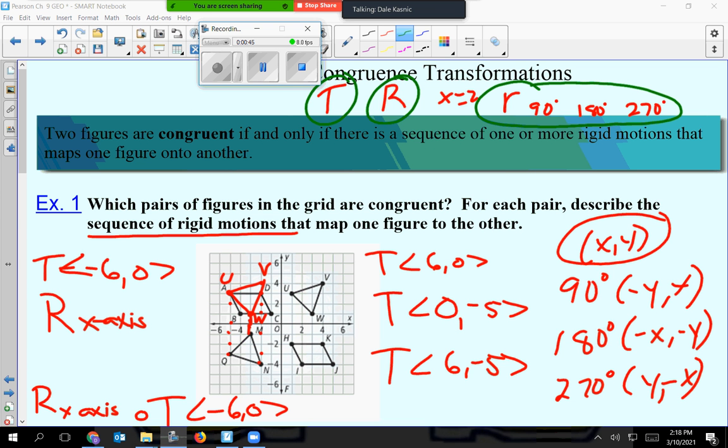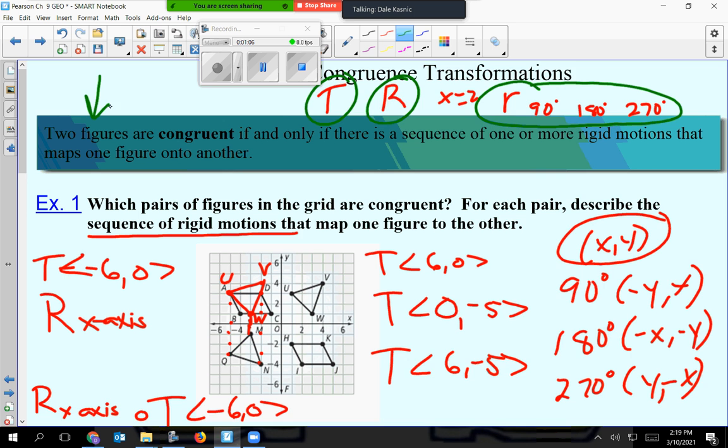Okay. So we need to be able to use a combination of these things to move stuff around on a graph. This little definition here is just saying, if you want to keep two figures congruent, then you can do a couple different things to move it around the graph.